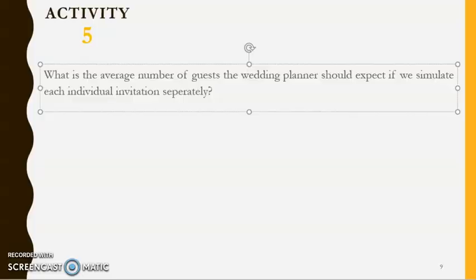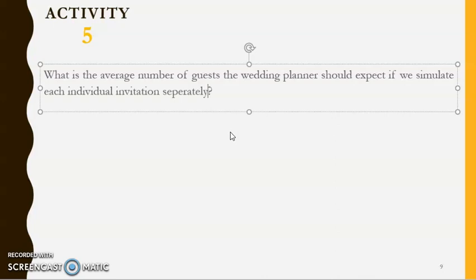The last activity that we want to do is doing the simulation separately for each invitation. In the previous simulation, as you noticed, we considered the simulation of all of one RSVP together, 25.